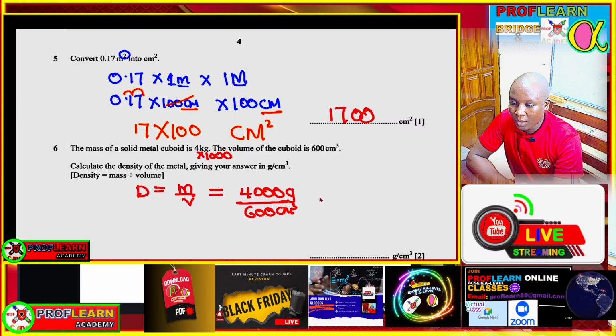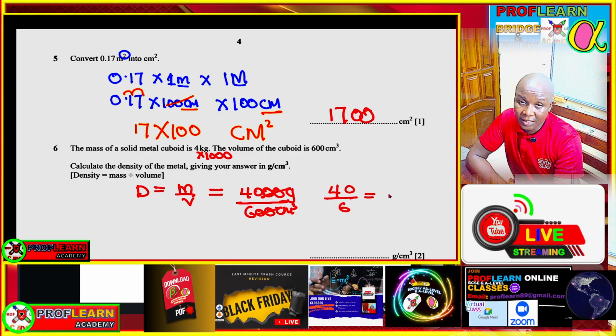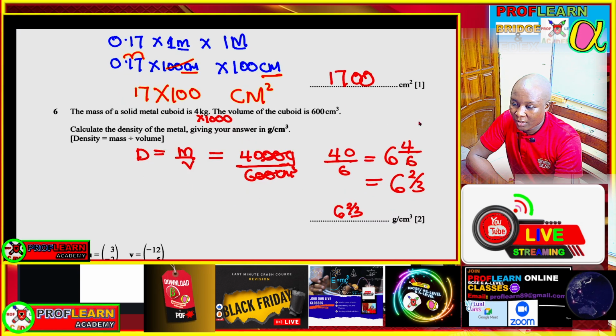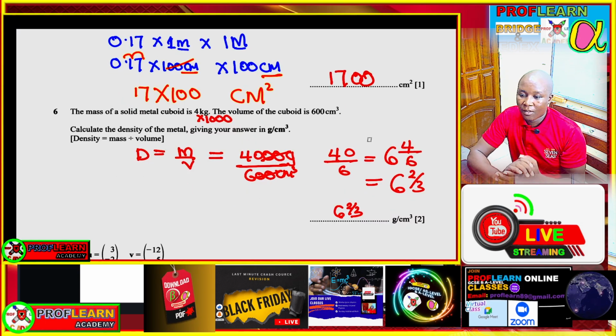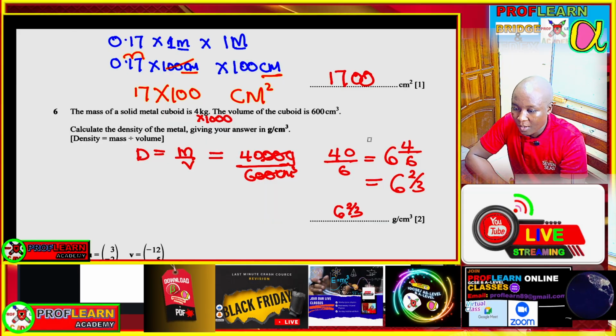Then we can cancel these zeros and we shall remain with 40 over 6. And remember, 40 divided by 6, we shall get a whole number 6, which is 4 over 6. Then if you simplify 4 and 6, you are going to get 2 over 3 at that given point. So we can give our answer as a mixed fraction or a mixed number like that.